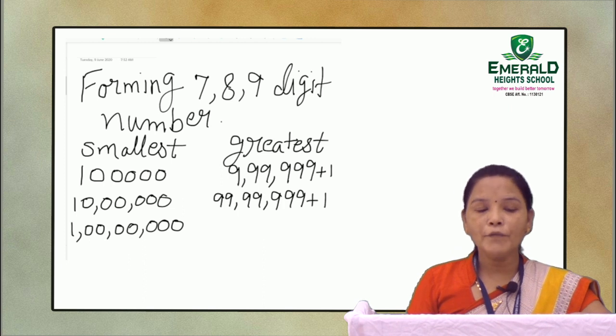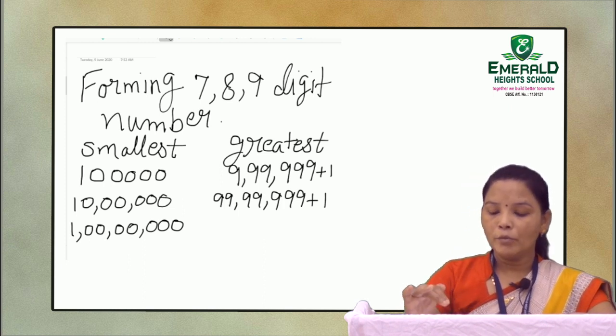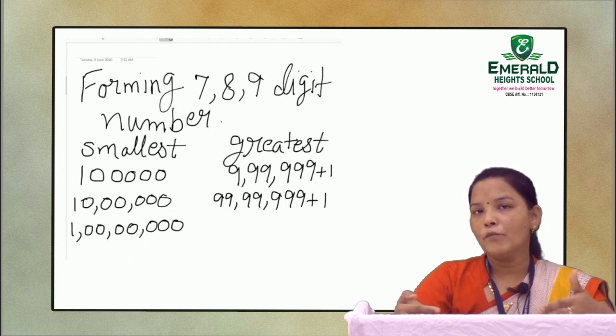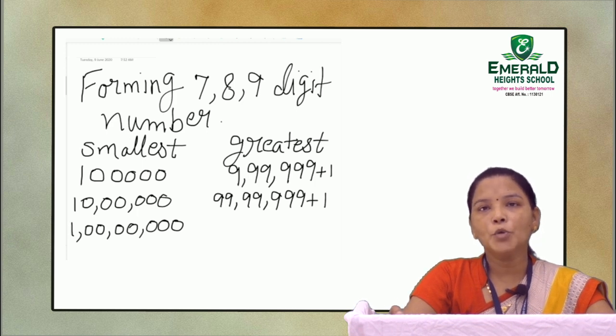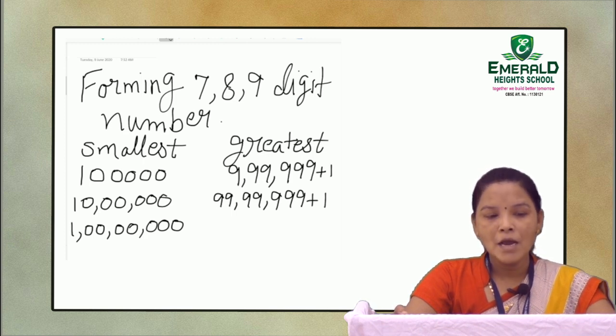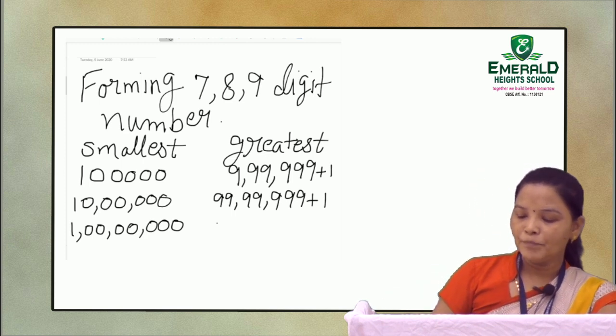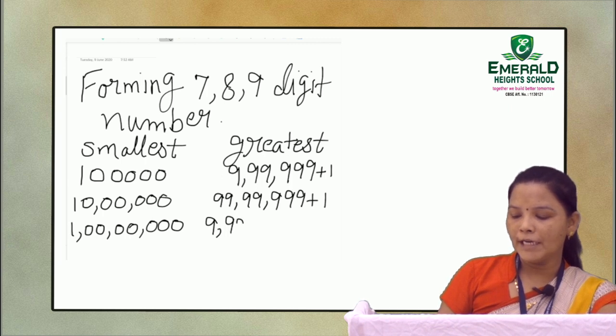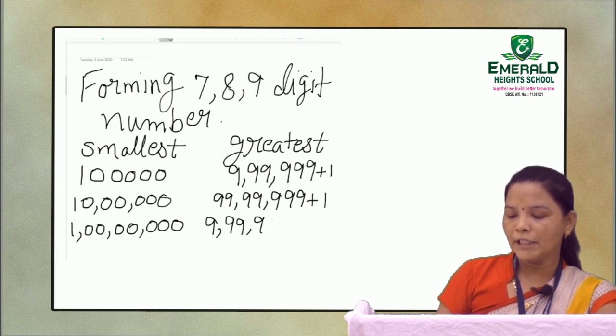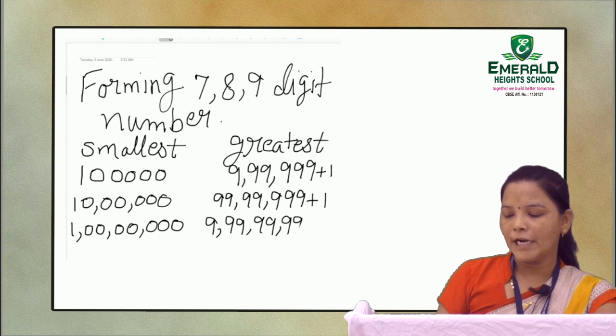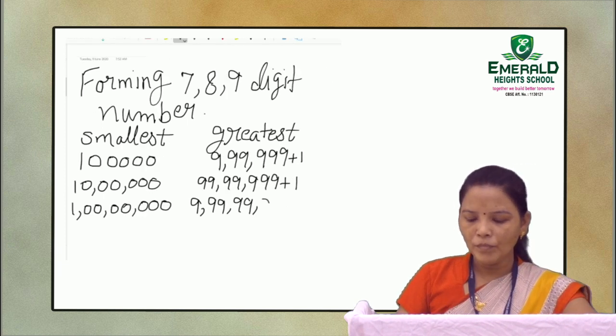Now again if we go on proceeding with the 1 crore, we will have 1 crore 1, 1 crore 2, 1 crore 3, 1 crore 4, and in this way we will get the largest 8 digit number, that is 9 crore 99 lakh 99,999.